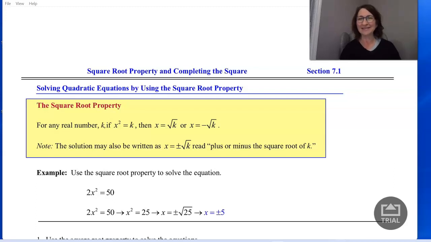So we are on section 7.1, which is the square root property and completing the square. The square root property is so useful.